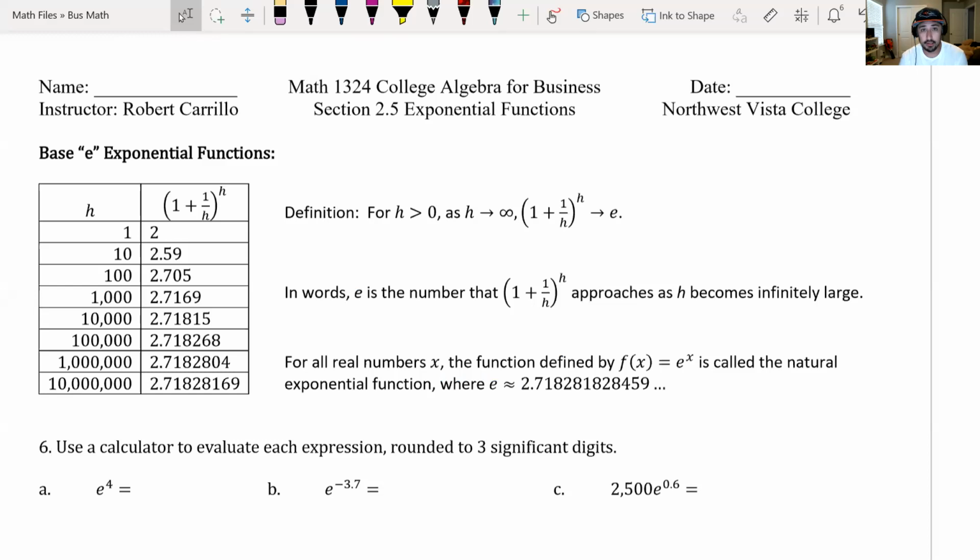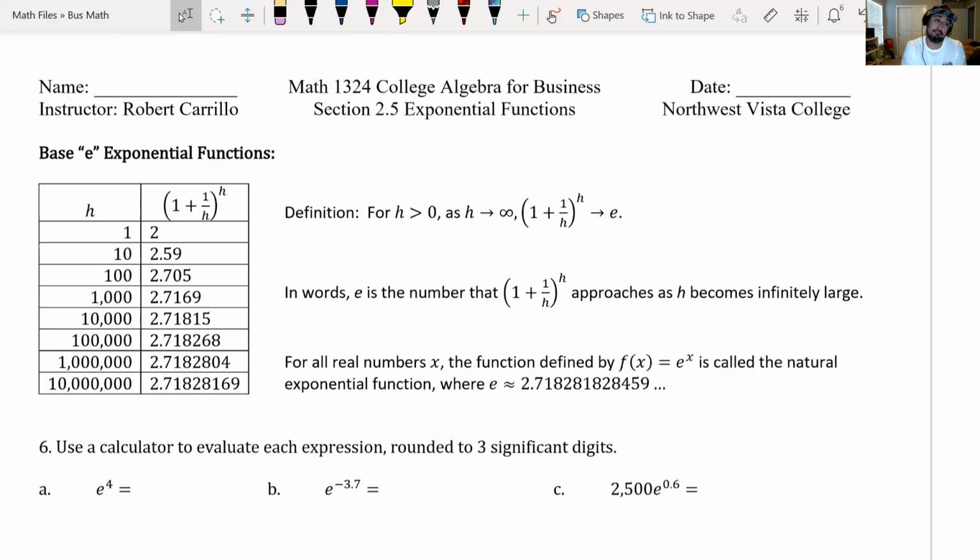The number E is used to determine the growth rate of bacteria, animals, people, money. It determines the growth rate of any population. And we definitely use it for business because E can tell us how fast our money is growing continuously.